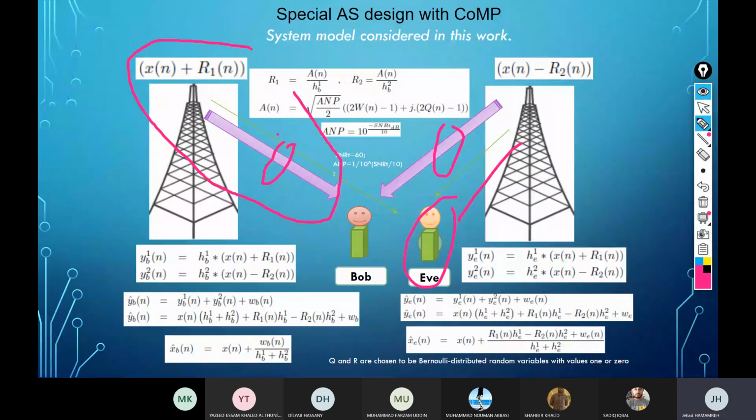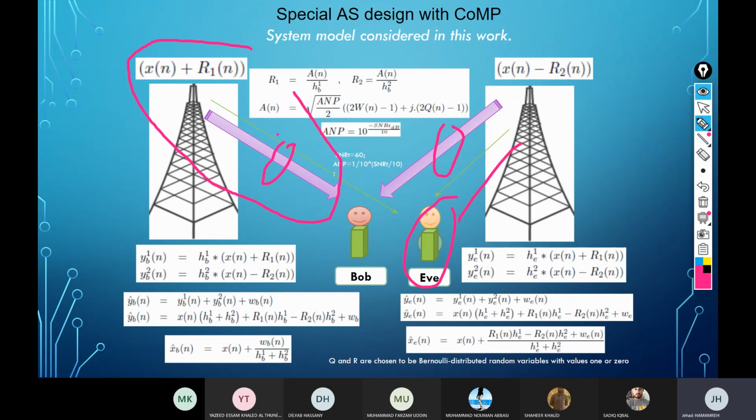So the interference will remain there, and she cannot decode the data. While at Bob, the signals will perfectly cancel, because R1 and R2 are exactly designed to cancel any interference that Bob can get from the additionally added artificial signals.